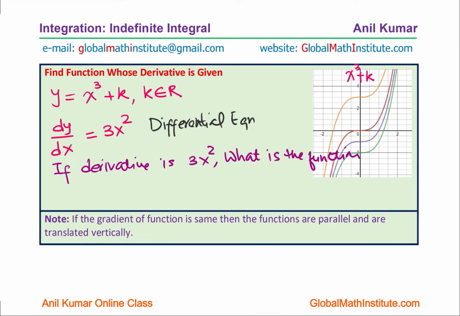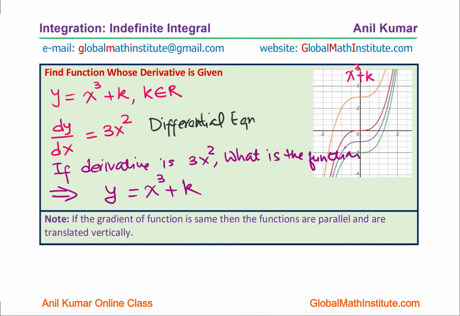As you have seen, y could be x cubed or a family of curves translated vertically. So y is equal to x cubed plus a constant, the family of curves translated up or down. So when we go back, we have to add an arbitrary constant. We don't know the value of this constant, and that is what we see while going back from the derivative to the function.